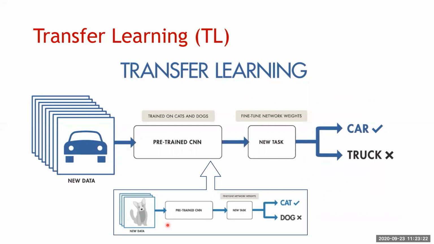It's kind of the size of the vehicle and the edges that defines what is a car and a truck. So basically, you have a pre-trained network from cats and dogs, and then you fine-tune the network weights, and you end up with a nice model for cars and trucks.